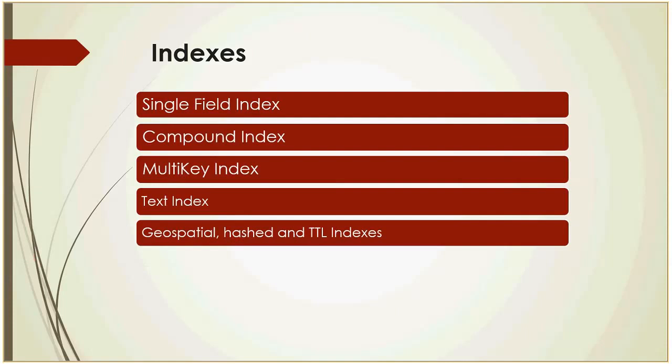The other very important concept that I would like to mention is a TTL index, which is time to live. It determines how long documents get stored in your database. After a certain time expiration, the document will automatically be removed from the collection.